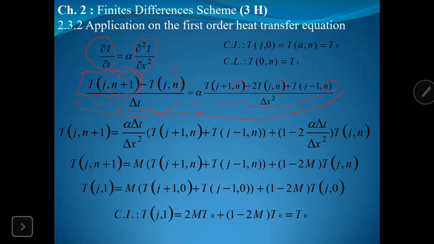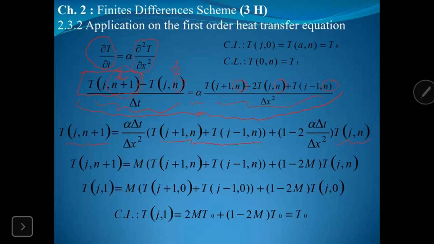And by knowing time 1, I can determine time 2 and the following. Understood? Then T j n plus 1 equal alpha delta t over delta x square, T j plus 1 n plus T j minus 1 n plus 1 minus 2 alpha delta t over delta x square T j n. Okay, we got T j n plus 1 as a function of the other temperatures.